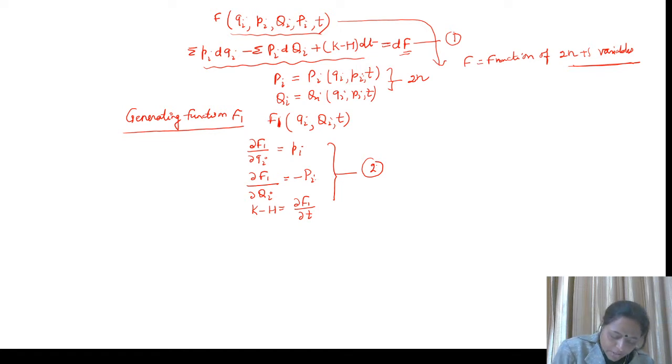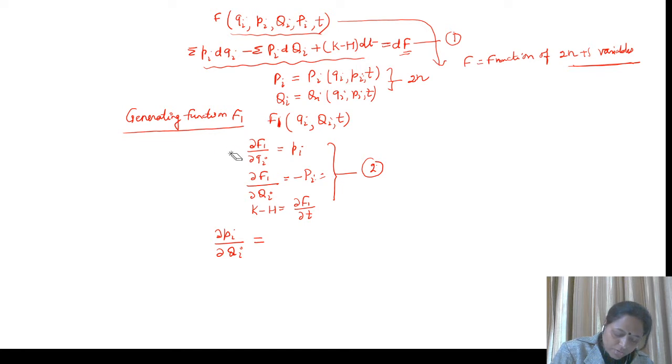What is that? If I differentiate it with respect to capital Qi, its right hand side will give delta pi by delta Qi is equal to, differentiated with respect to small qi, so the left hand side will be the same.